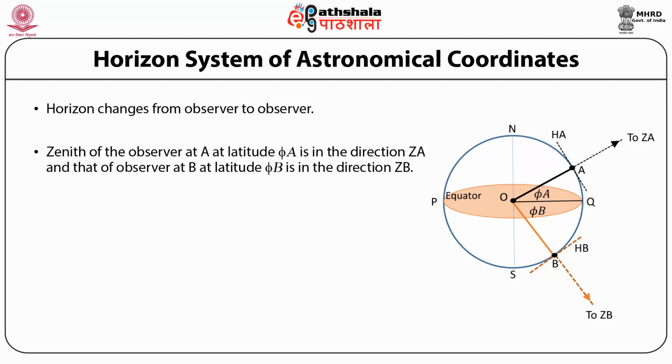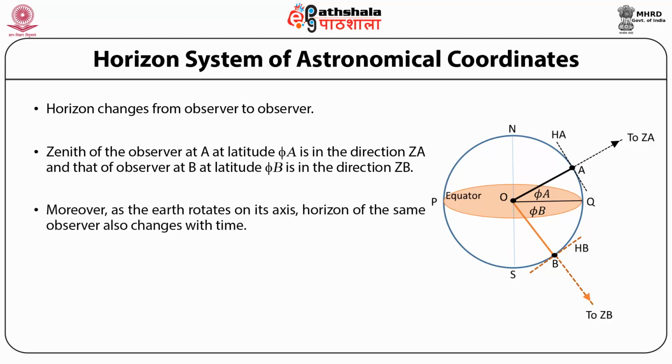The other drawback of the horizon system is that for the same observer, the coordinates change with time.